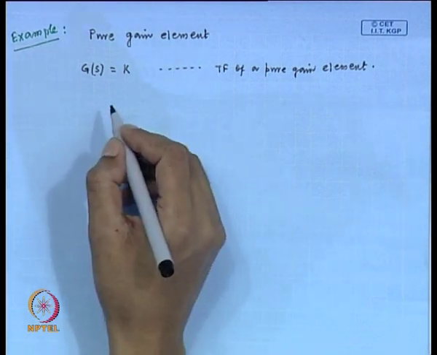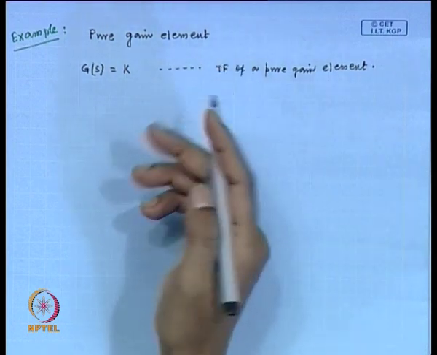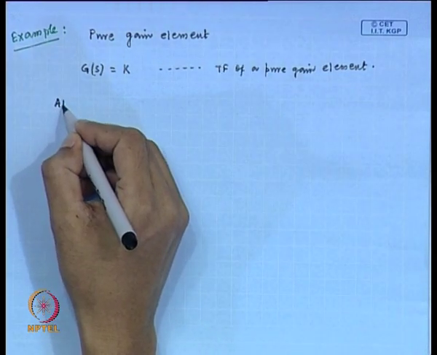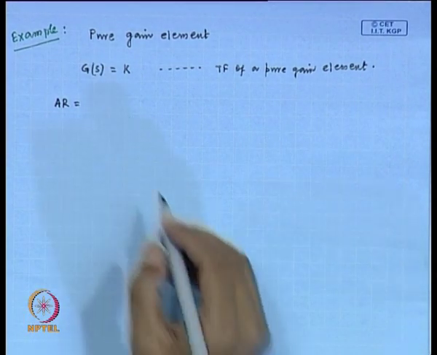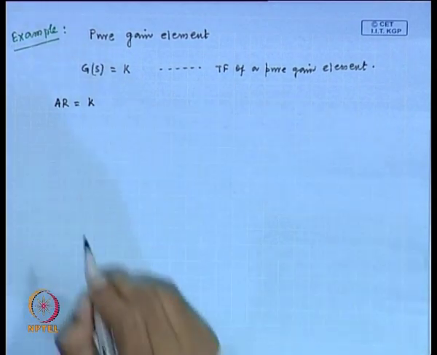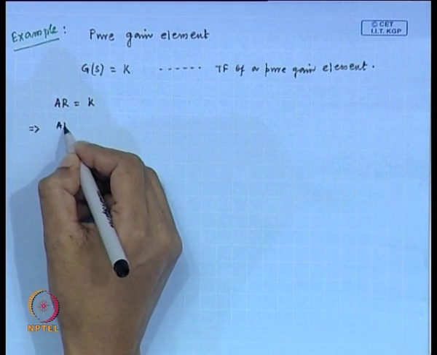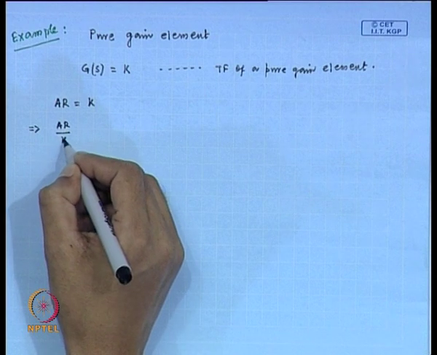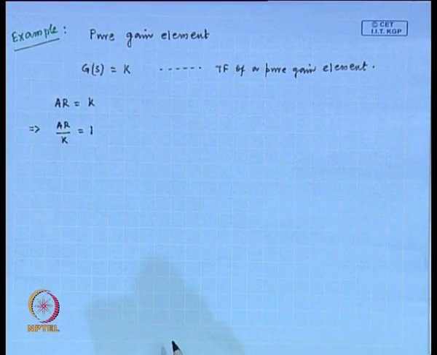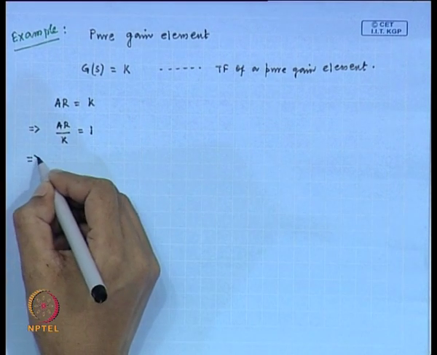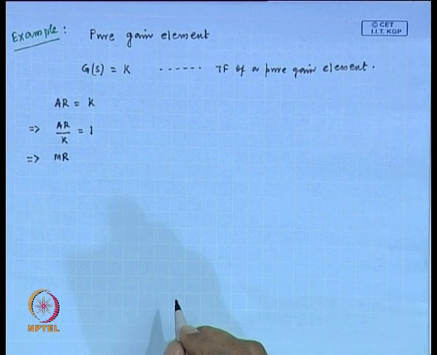Now, there is no need to express in terms of real and imaginary terms. We can directly find the expressions for amplitude ratio. What is amplitude ratio? K. So, we can write this again as amplitude ratio by k equals 1. So, here amplitude ratio by k is the magnitude ratio.